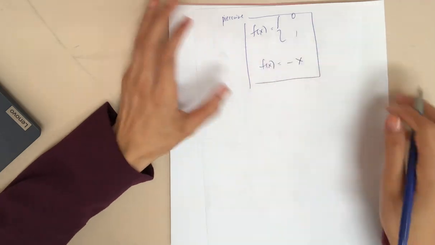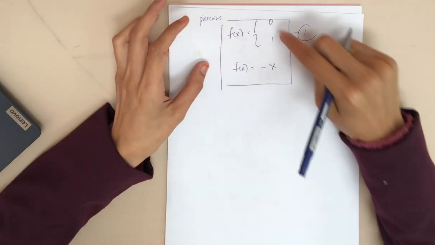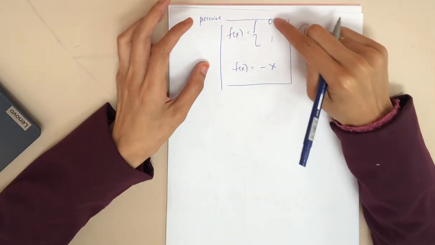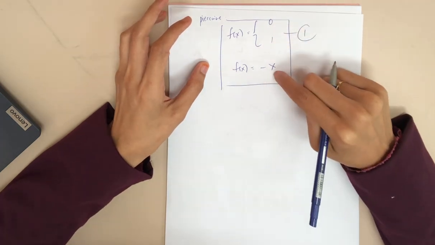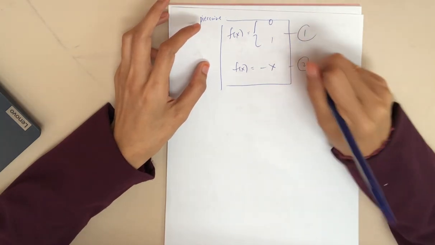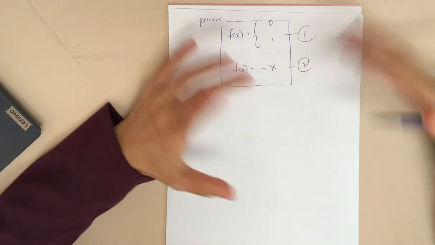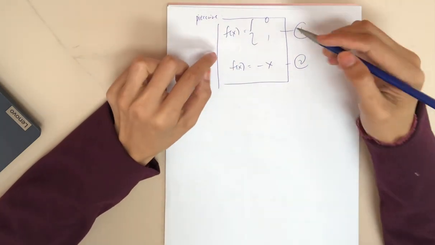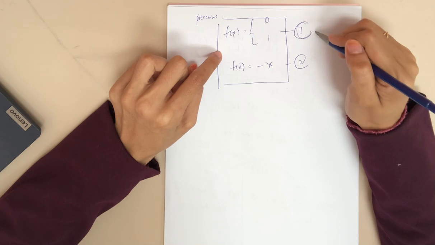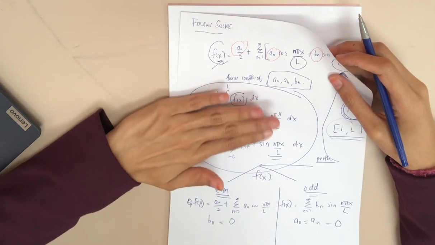For the first function here, there are two functions, but for this one, it's only one function. So the first one, we call it a piecewise function, and this one is just a single function. For the first one, you will use this type of equation.